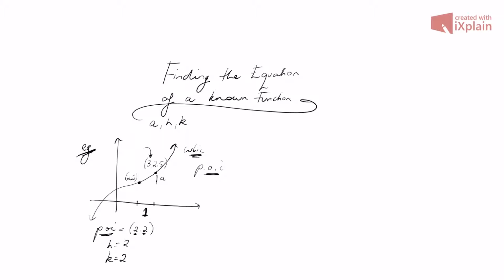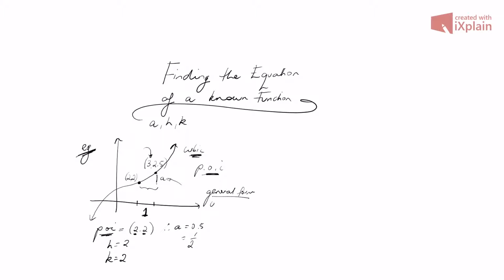Now, because we have a point that's one step away from the center point, we can also see a, because we always step across one and step up a. So a in this case equals a half, or 0.5.